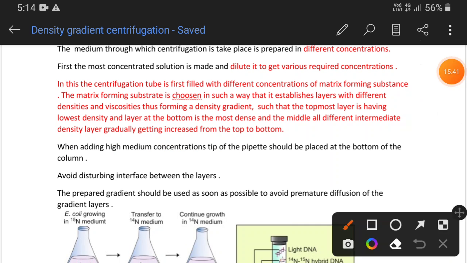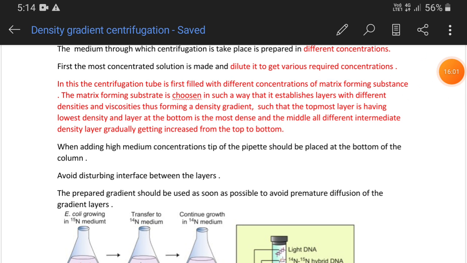When we add those matrix forming substrates in the tube, it will construct a density gradient from top to bottom. That means at the bottom it will have the highest density and in the topmost layer the lowest density.